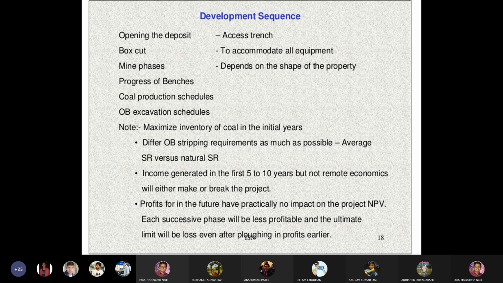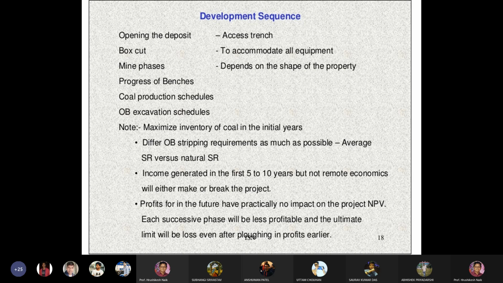maximum inventory of coal in the initial years, deferring overburden stripping requirements as much as possible, and average stripping ratio versus natural stripping ratio. What is the income generated in the first 5 to 10 years? The near-term economics will either make or break the project.